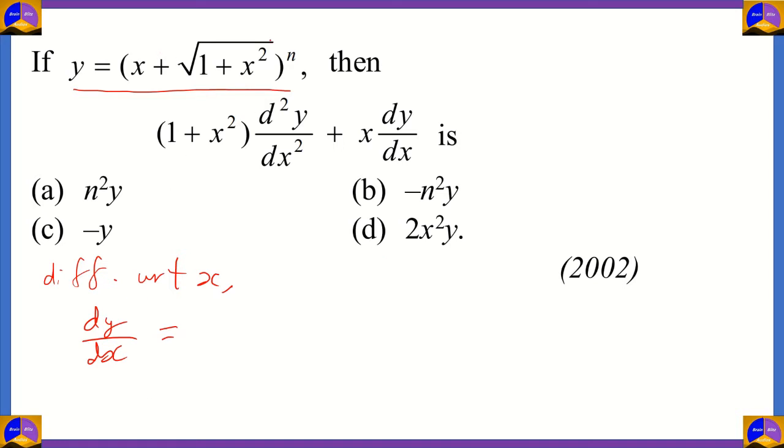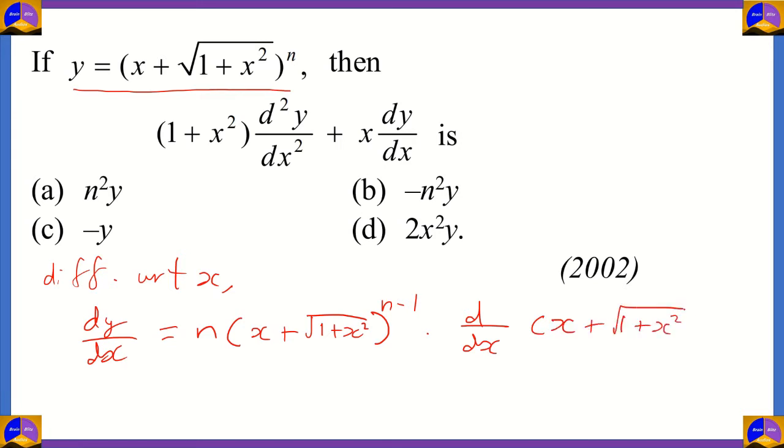So here it's a bracket and then raised to n, so we'll write n times the bracket, which is x plus under root of 1 plus x squared, and we will raise it to the power n minus 1, and then times d by dx of the bracket, which in this case is x plus under root of 1 plus x squared.